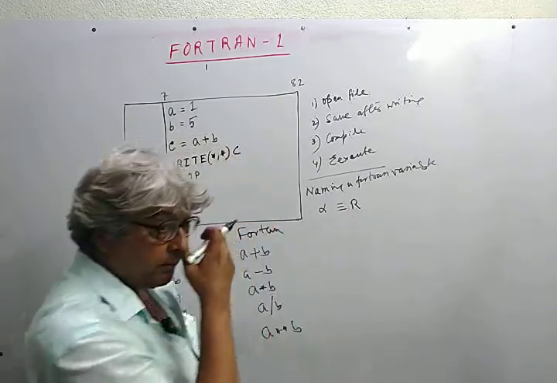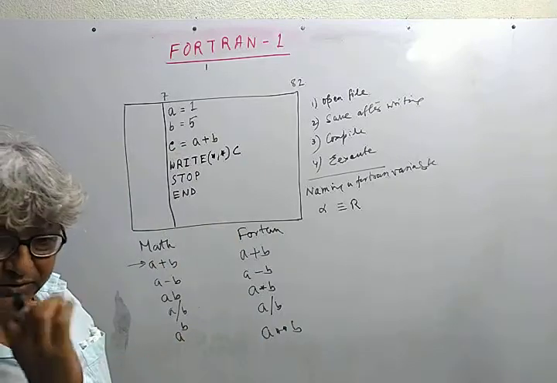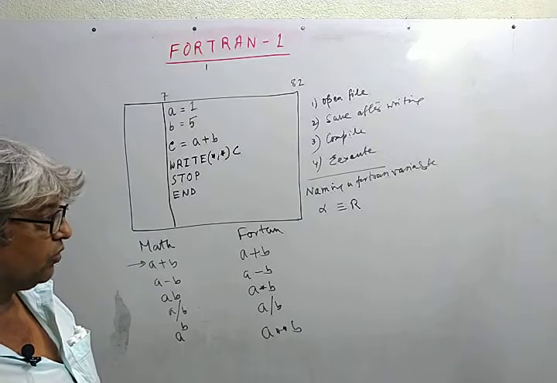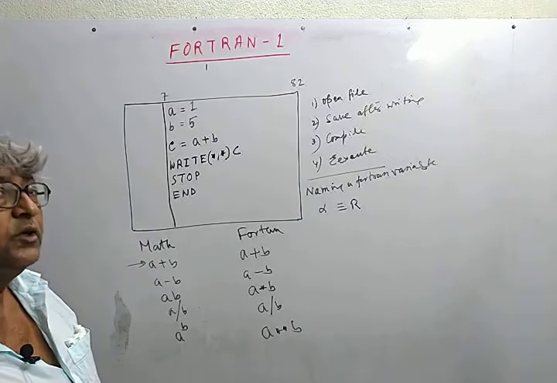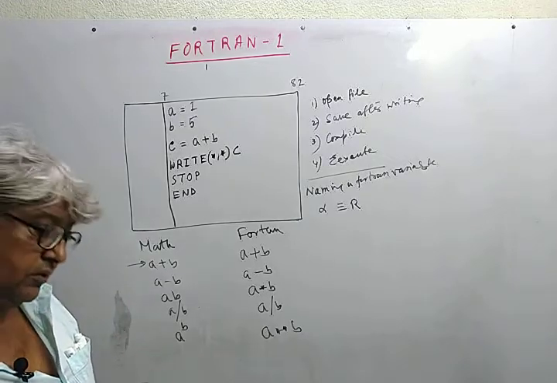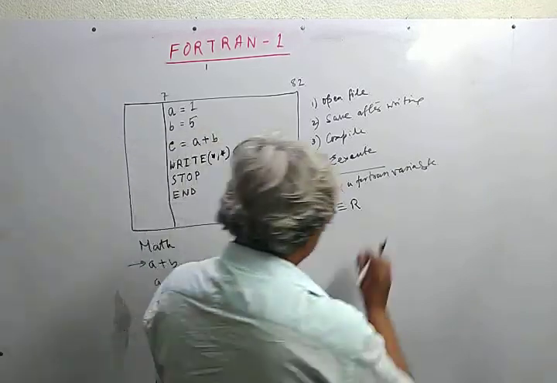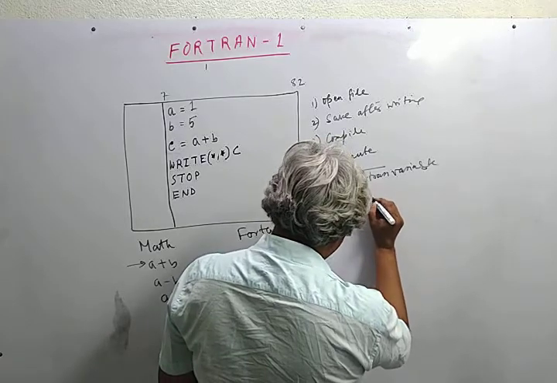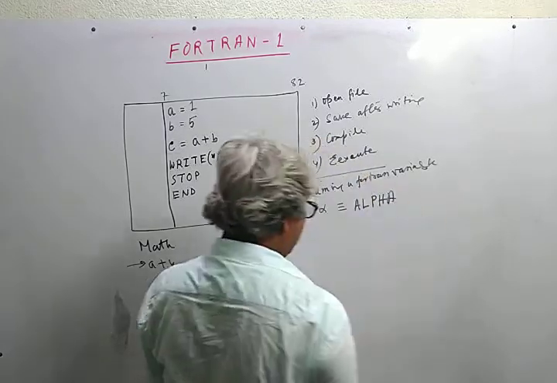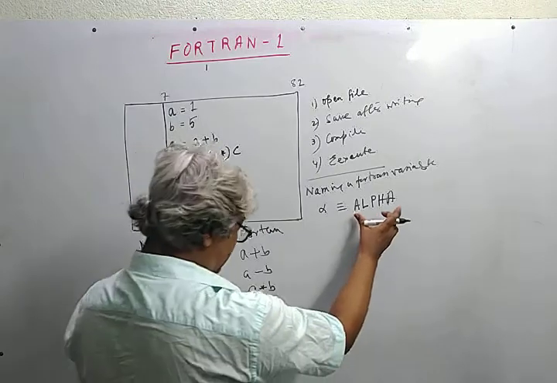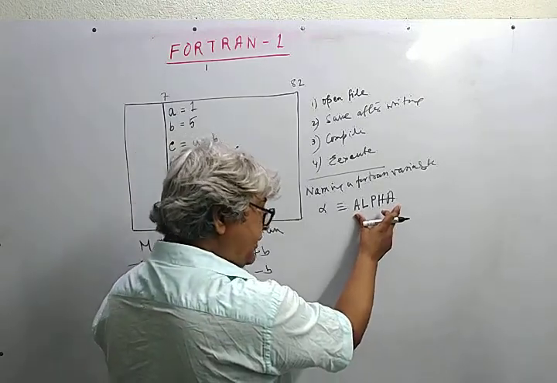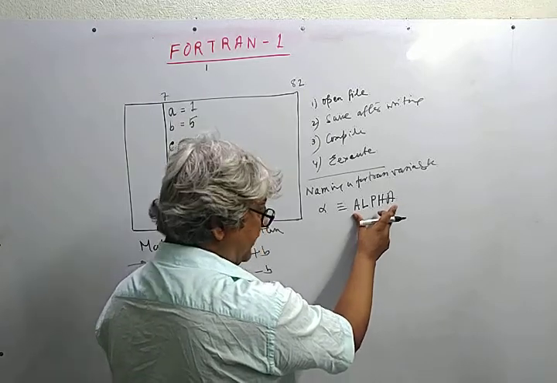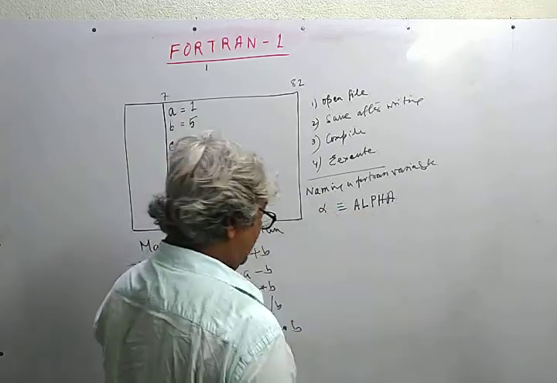So the name should be given in such a way that if you know the background theory, the variable name will be obvious. So how to write alpha? One writes ALPHA. Whenever you come across this alpha, it will automatically register in your mind that this variable corresponds to alpha.